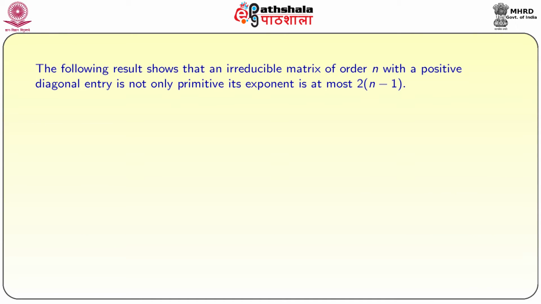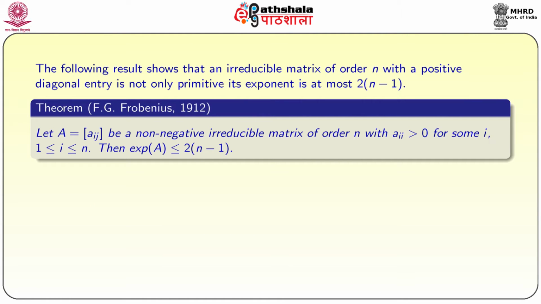The following result shows that an irreducible matrix of order n with a positive diagonal entry is not only primitive, its exponent is at most 2n minus 1. Frobenius proved in 1912: let A equal to Aij be a non-negative irreducible matrix of order n with Aii greater than 0 for some i, that means the trace of A is positive. Then the exponent of A is less than or equal to 2n minus 1, or 2n minus 2.